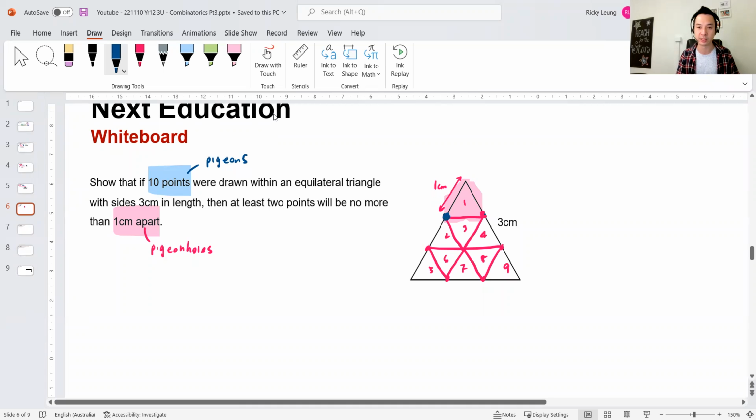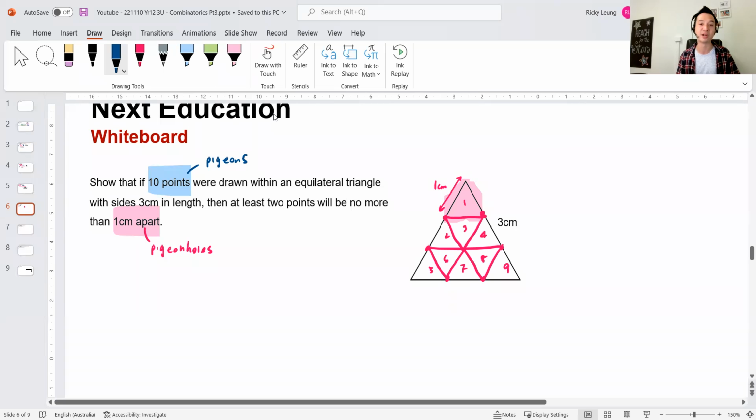Here and maybe here, not here, because of Pythagoras, that's a right angle there and the hypotenuse is longer. So between those two, that's 1 centimeter. Even if the dots occur on the corners, they are no more than 1 centimeter apart, and that's perfect. So by defining your pigeonholes, it just so happens that there are 9.